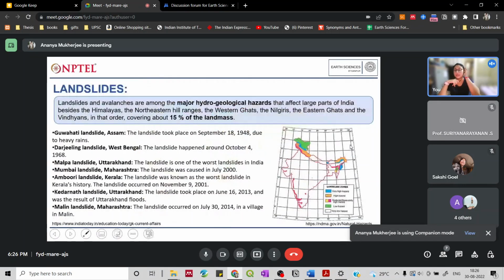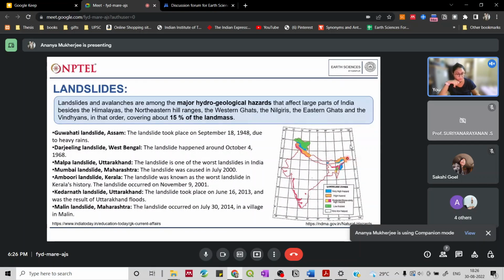So the first natural hazard that we'll be talking about is landslides. As you can see in the map, the hilly areas are pretty much prone to landslides. Over here you can see the yellow, that is parts of the Himalayas, and then you have moderate to moderately high.